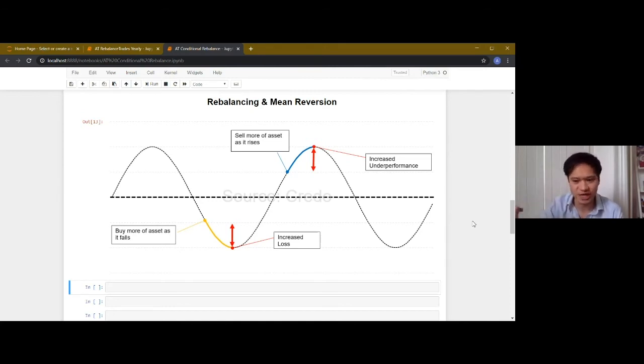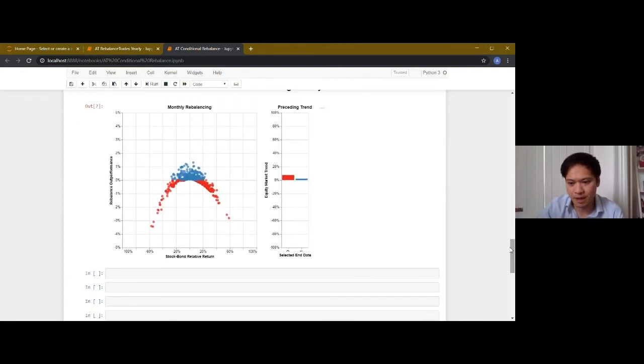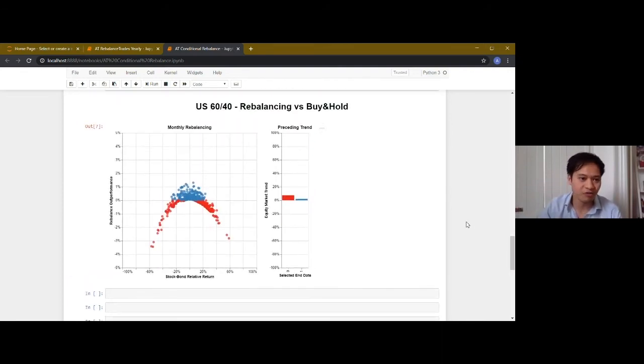So just to illustrate what that means a bit more clearly, what I show here are 12-month periods, since 1960, using the same data, for rebalancing strategies relative to lump sum, buy and hold investing.